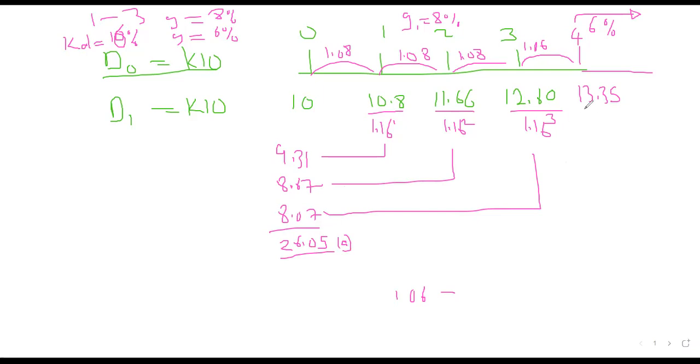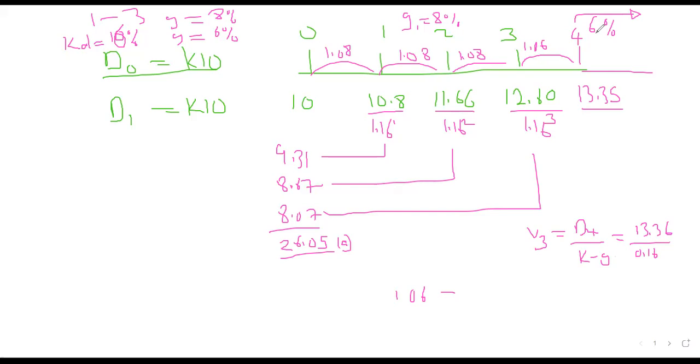Part B, we now need to calculate the value of stock using Gordon's method. So this is year 4. We need to find the value of stock as of year 3. So V3 is equal to D4 over (r minus g). Our D4 was 13.35, then the required rate of return is 16%, so 0.16.